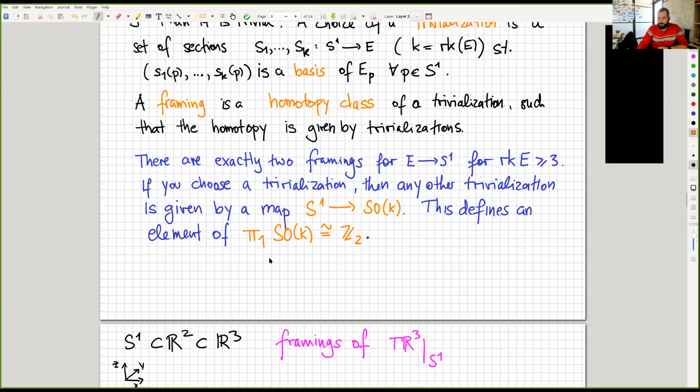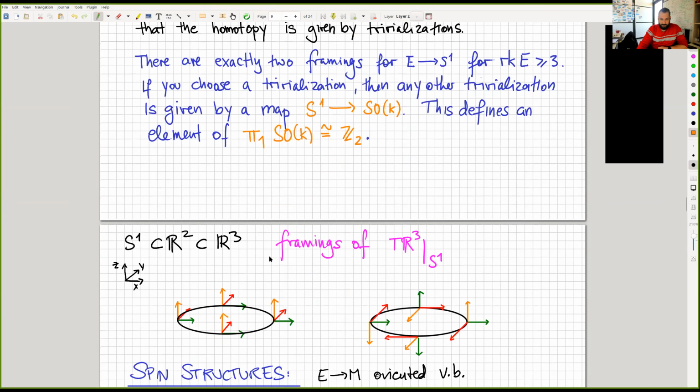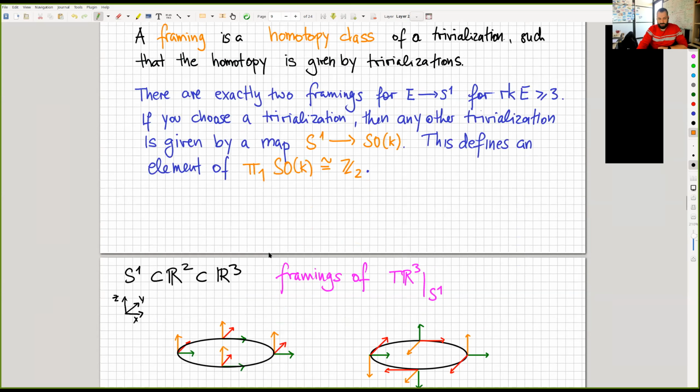All right, so before going to break and explaining the spin structure, let me just show you a picture, because maybe it's a good thing to end on. What are the two framings? So let's think of S1 embedded into R3, and then we can take the tangent bundle of R3, which is a trivial vector bundle, and look at it over S1.